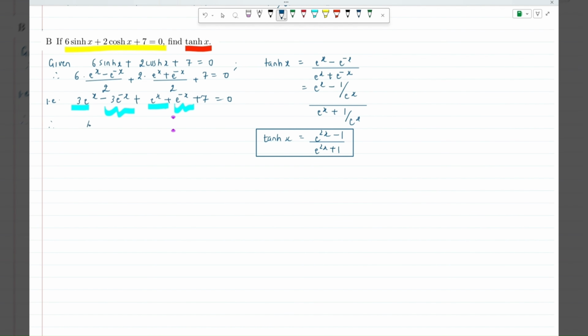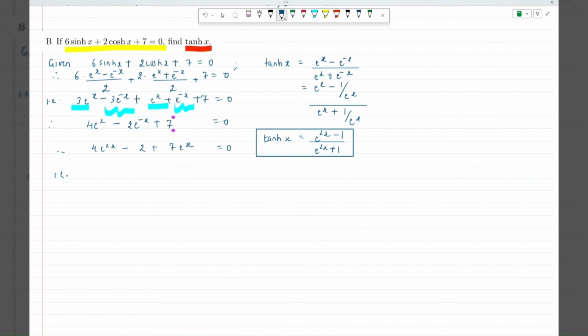So we have got 4 e raised to x minus 2 e raised to negative x plus 7 is equal to 0. Again, the negative exponent can be written as the reciprocal of e raised to x, which will give us 4 e raised to 2x minus 2 plus 7 e raised to x equal to 0.